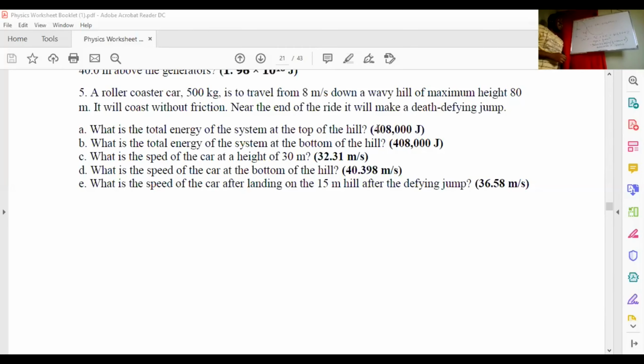And this value, 416,000, is equal to potential energy, which is the mass 500 times g times the height, which is 30, plus your kinetic energy, which is half 500 times v squared. So we know that at 30 meters.